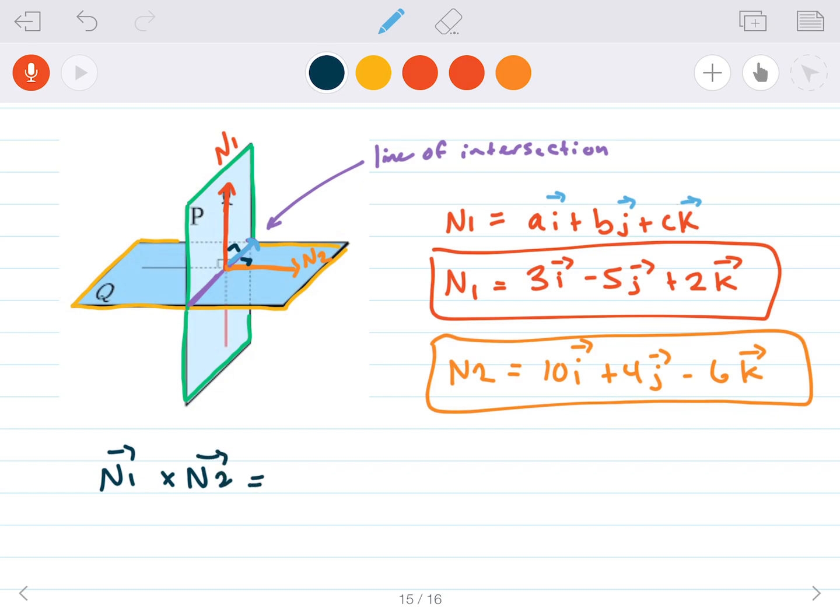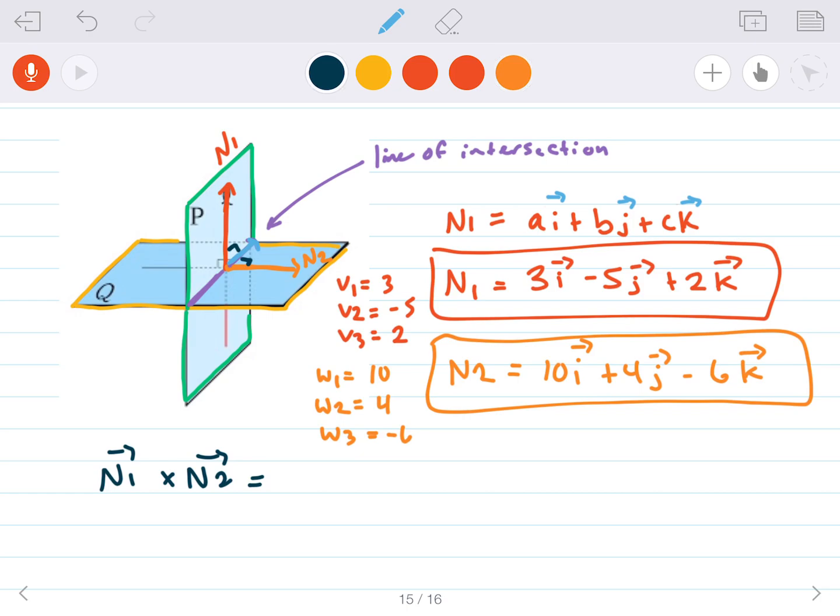And again, if it helps you out, you can label N1 as your V. So V1 is 3, V2 is -5, and V3 is 2. And then for N2, that's acting like our W in the formula. So W1 is 10, W2 is 4, and W3 is -6.